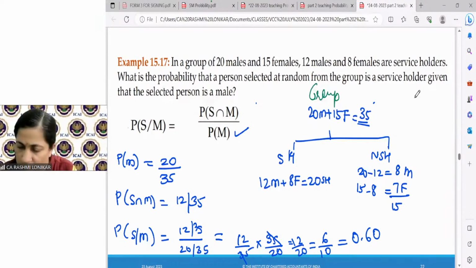Yes, Sakshi, there is negative marking here. Yes. Nishi, crystal clear? Yes. Service holders, there are 12 service holders. Male, there are 20 males. Okay, so 20 upon 35 and 12 upon 35. Yes, Swati? Yes.